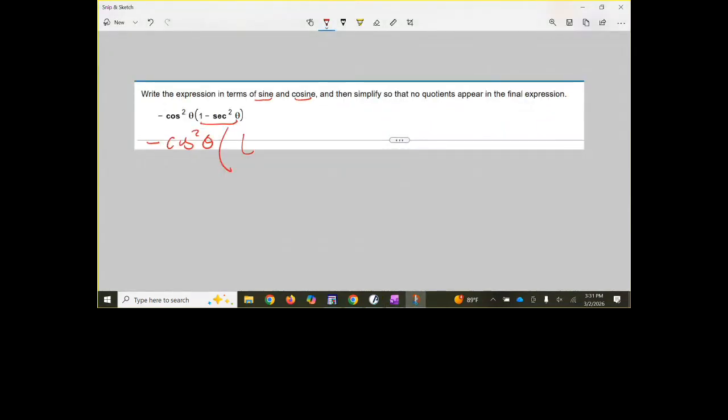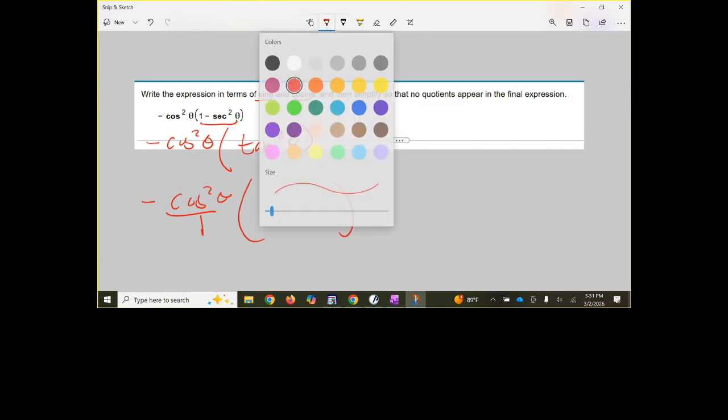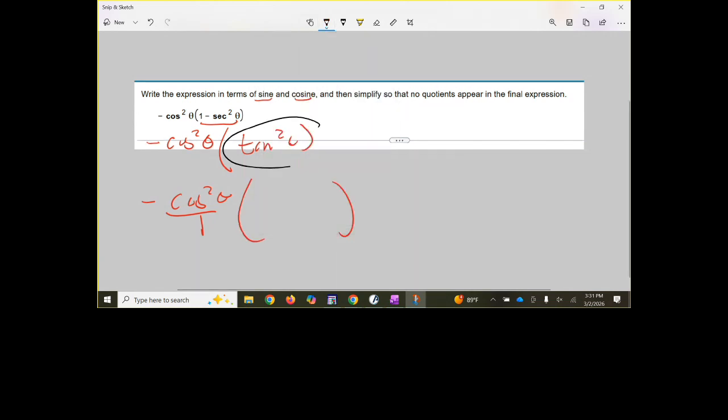And you might say, why do you want to write tangent squared theta? I'm going to tell you right now. Can we write tangent in terms of sines and cosines? Should it be a negative here? Couldn't we write tangent squared as negative sine squared theta over cosine squared theta?